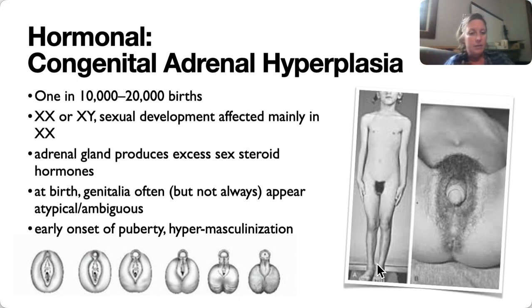So in this image, you see a girl who's probably around 10 or 11 years old, but she has an enormous amount of pubic hair, which generally doesn't show up that early, and her genitals have an appearance somewhere between masculine and feminine, or somewhere between the extremes.